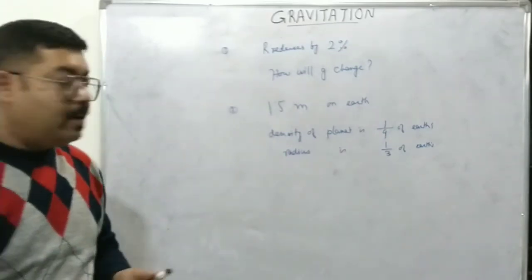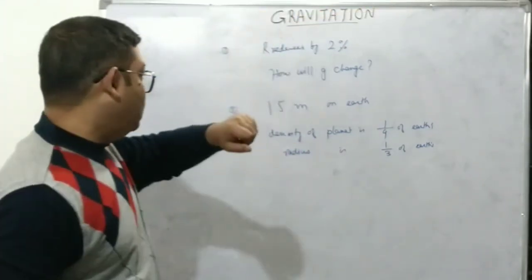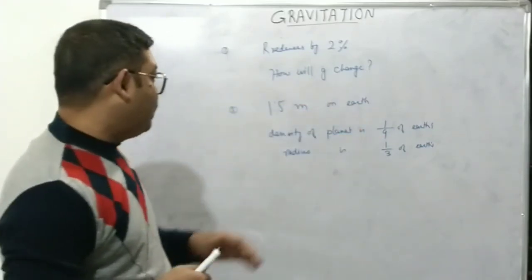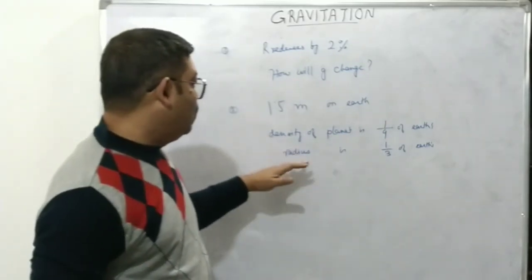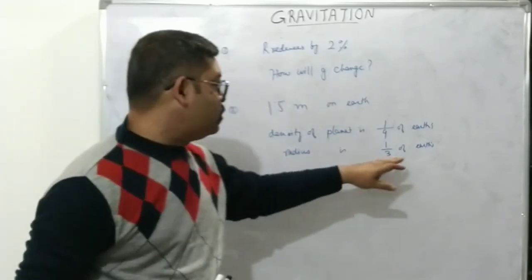So a man can jump to a height of 1.5 meter on the Earth's surface. Up to what approximate height will he be able to jump on a planet whose density is 1/4 times that of the Earth and whose radius is 1/3 that of the Earth?